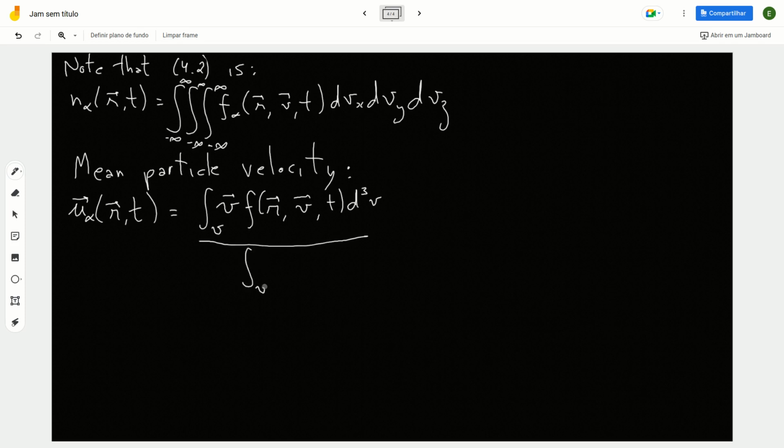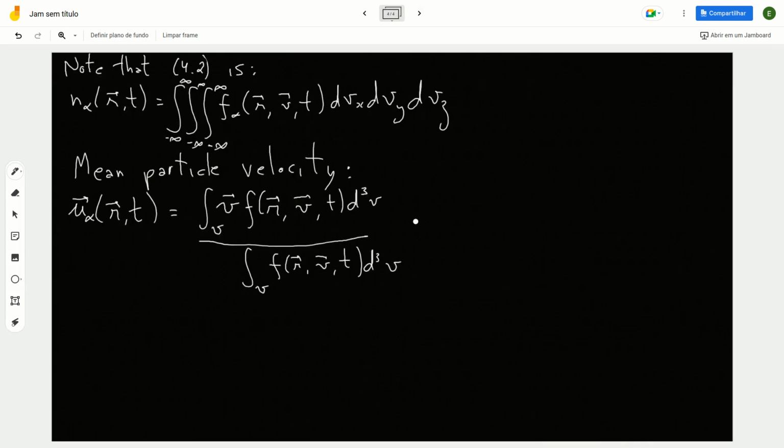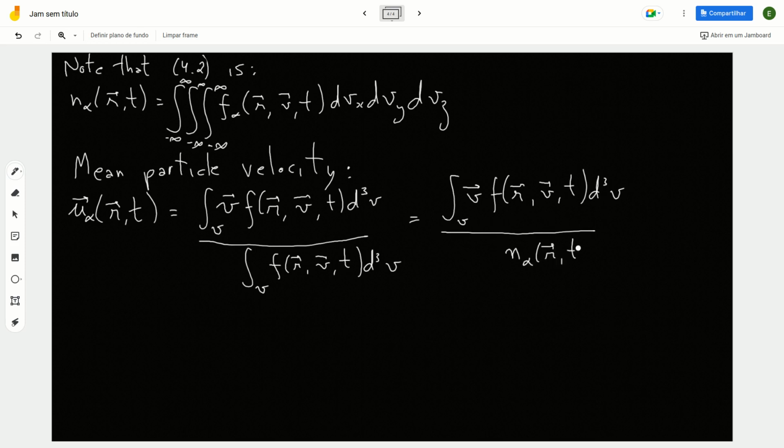Over, we divide it by this, or you may want it using 4.2. Where is 4.2? 4.2 is this. So we may call this n, so the denominator is just n.